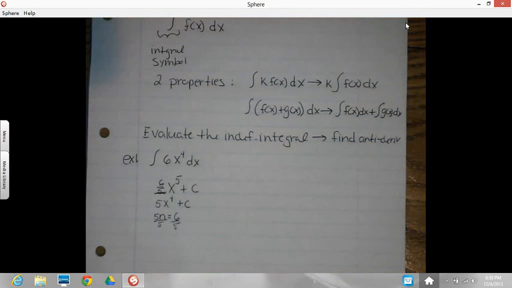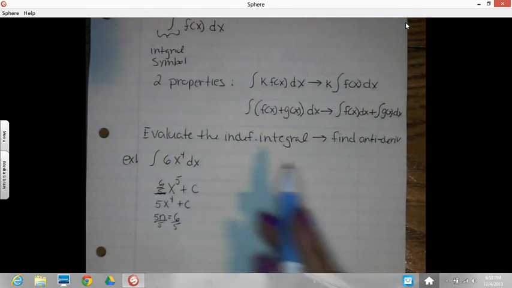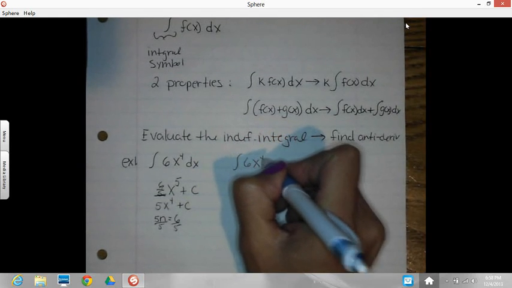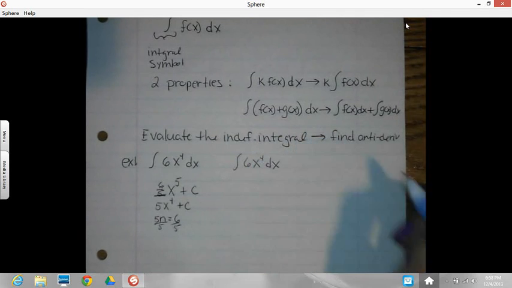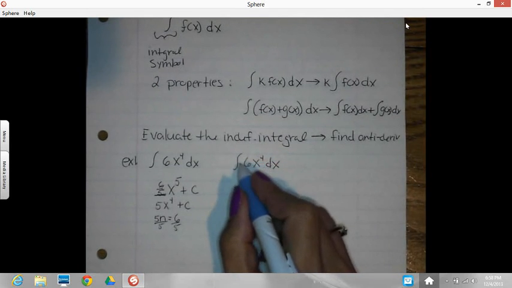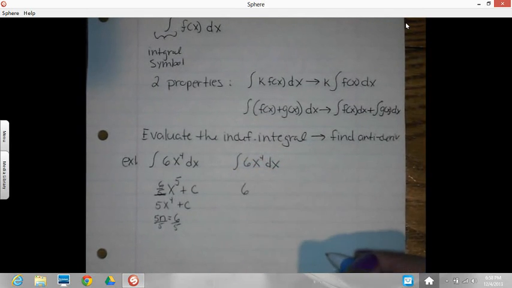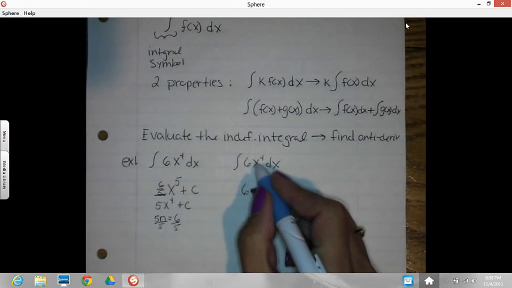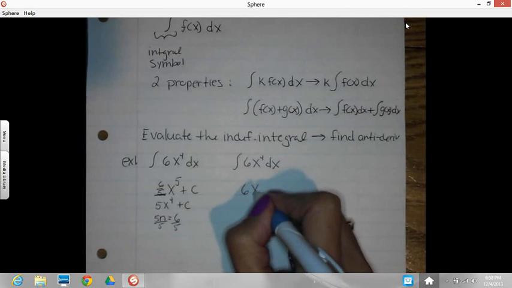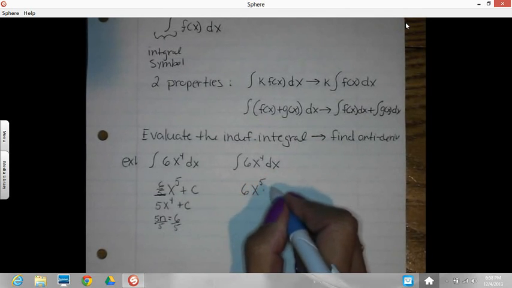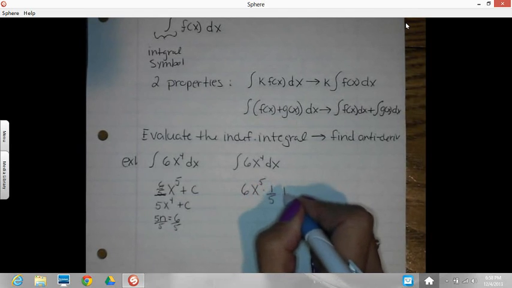So let me apply that rule to this one again. So the integral of 6x to the fourth dx. Okay, remember the 6 is a multiplier. That's just going to carry along. So when I do my antiderivative here, or my integral, the 6 is going to carry along. I don't have an inside to worry about, so all I have to do is add 1 to the exponent, and then multiply by the reciprocal of this exponent, plus c.